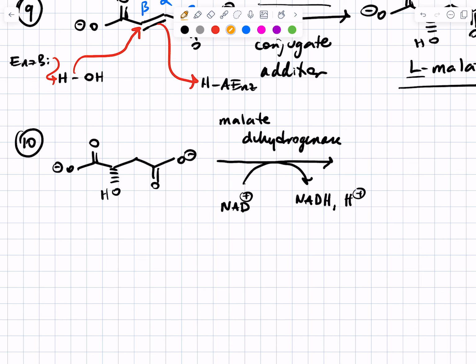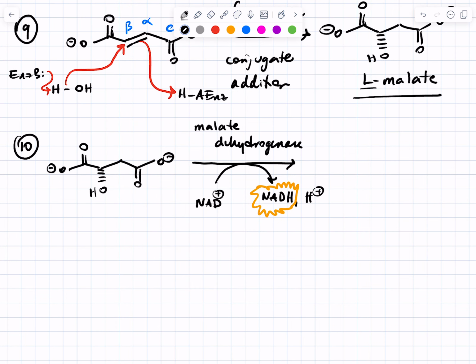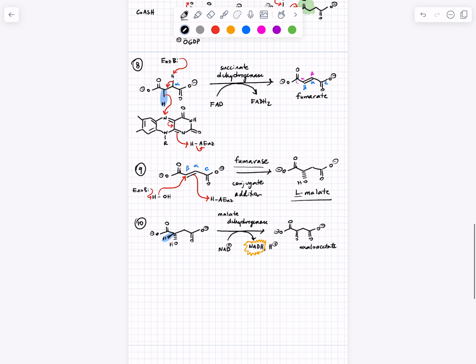I won't draw the mechanism for you because you've done an NADH-based oxidation again. In words, you'd have a base remove this proton, electrons would kick down, and NAD+ would accept this hydride in blue. That gives us oxaloacetate as our product, and there we will have completed one turn of the citric acid cycle. So there it is. You're done with that particular thing.